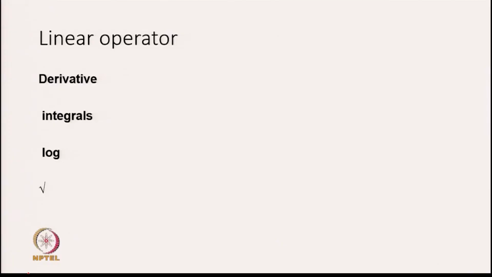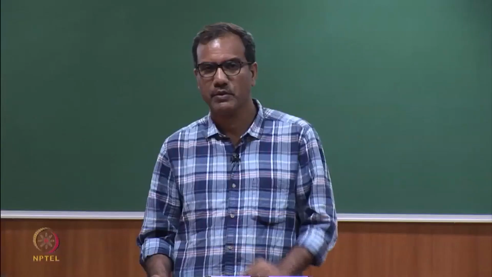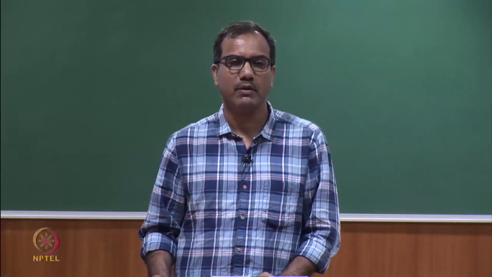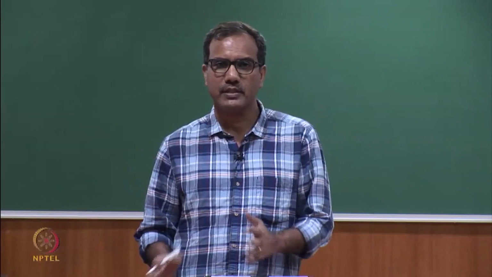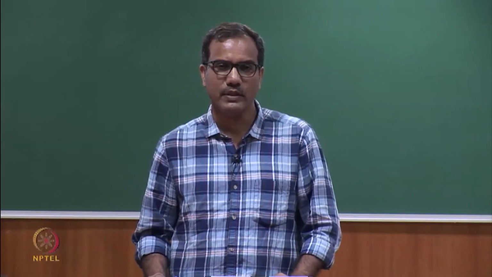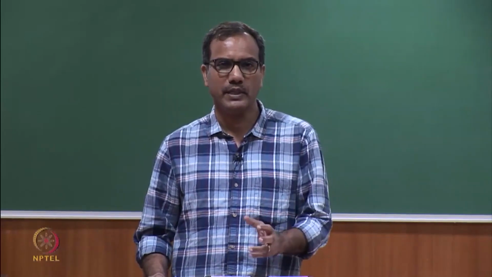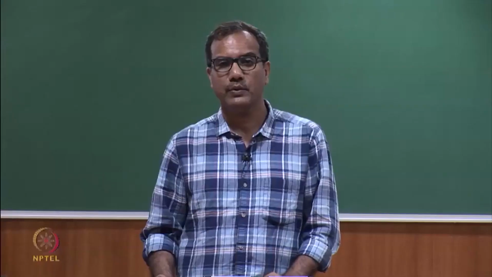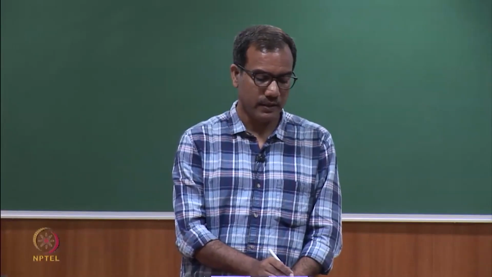You should check whether the derivative is a linear operator, whether the integral is a linear operator, whether log is a linear operator, and whether the square root is a linear operator. I just discussed the square root, it is not a linear operator. Since time is over, I will not be discussing the Hermitian operator; I will discuss it in the next class. So, thank you for listening.